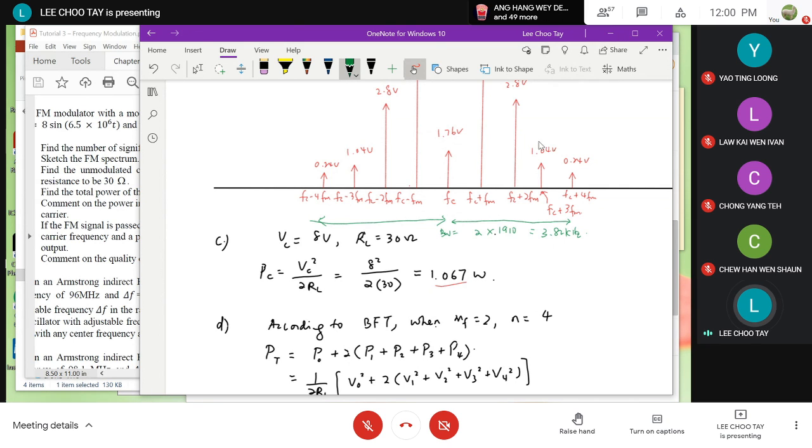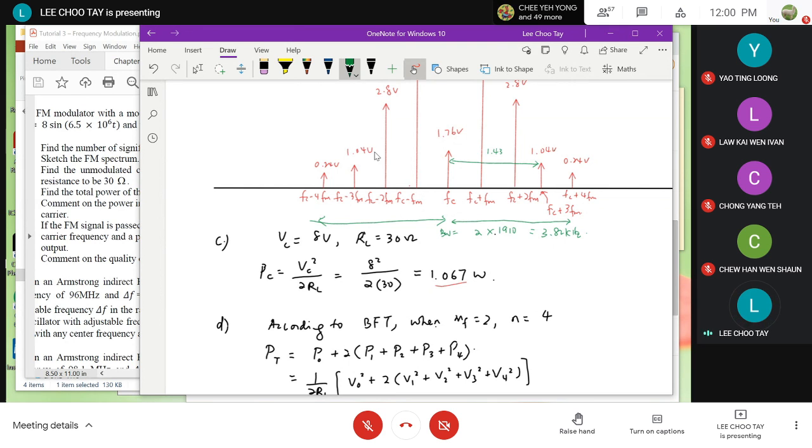If you times 3, that gives us from here to here 1.43 kilohertz. That means the total is about 2.8, 2.9 kilohertz.